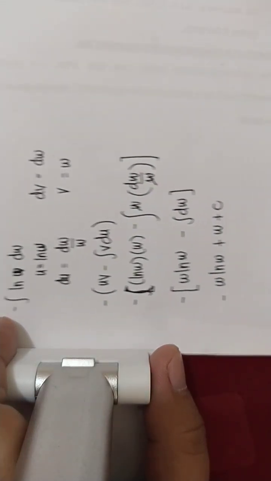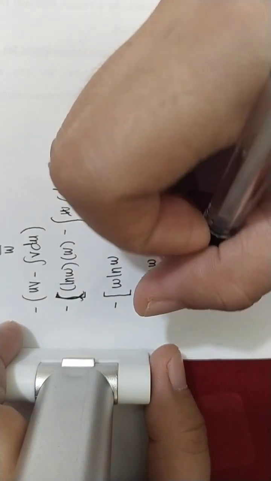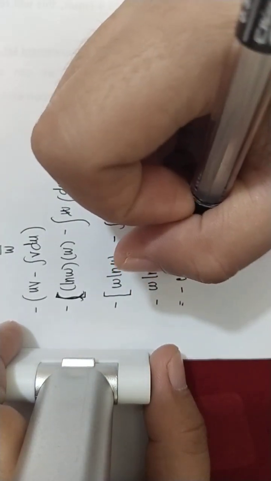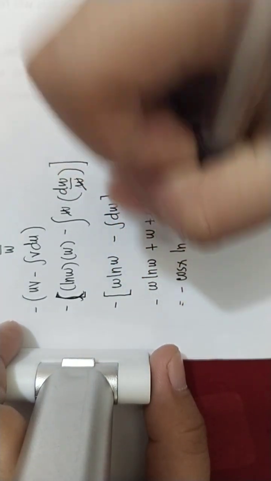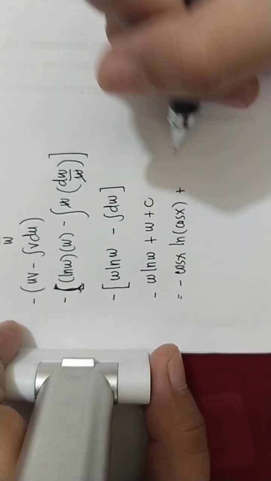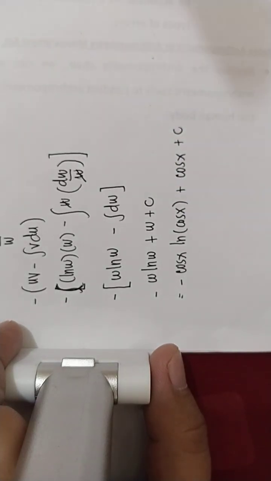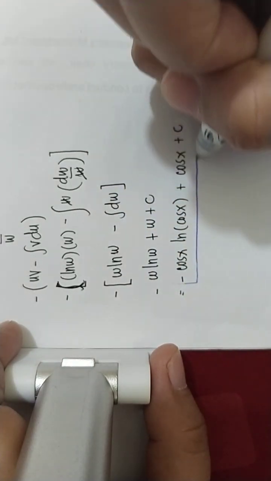Now going back, what is your w? The w is actually cosine of x. So we can write here negative cosine of x ln of cosine of x plus cosine of x, then plus c. So this will be our final answer.